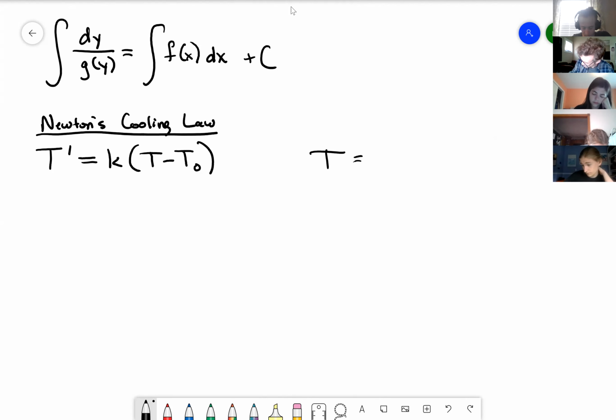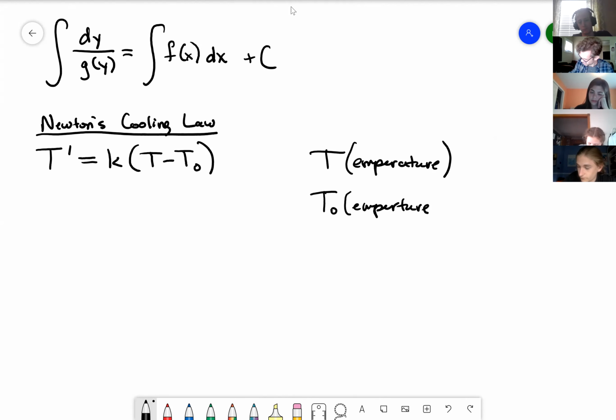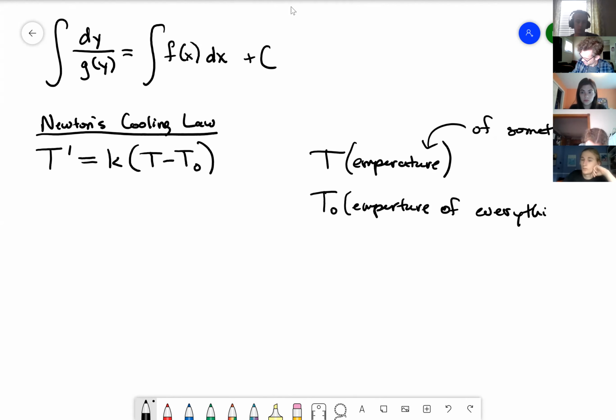And T0 is the temperature of the thing that we care about. This is the temperature of everything else.